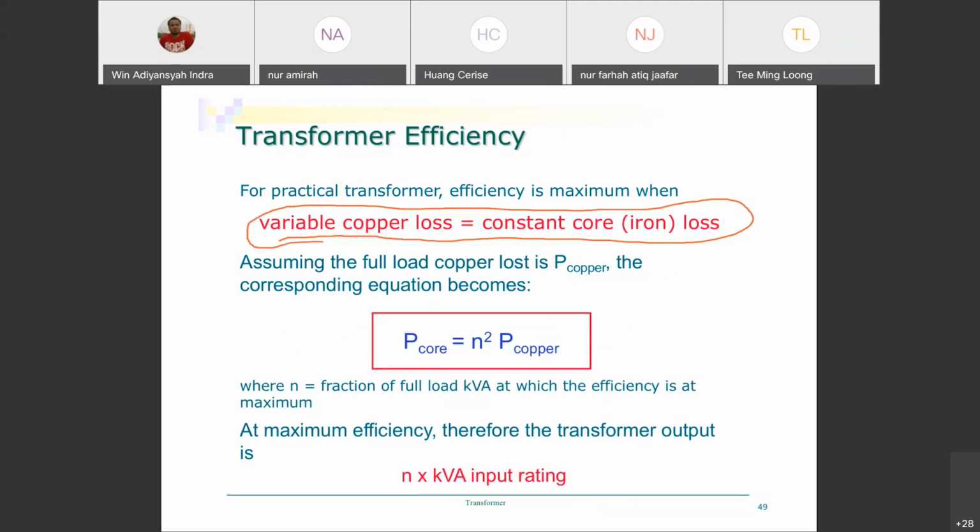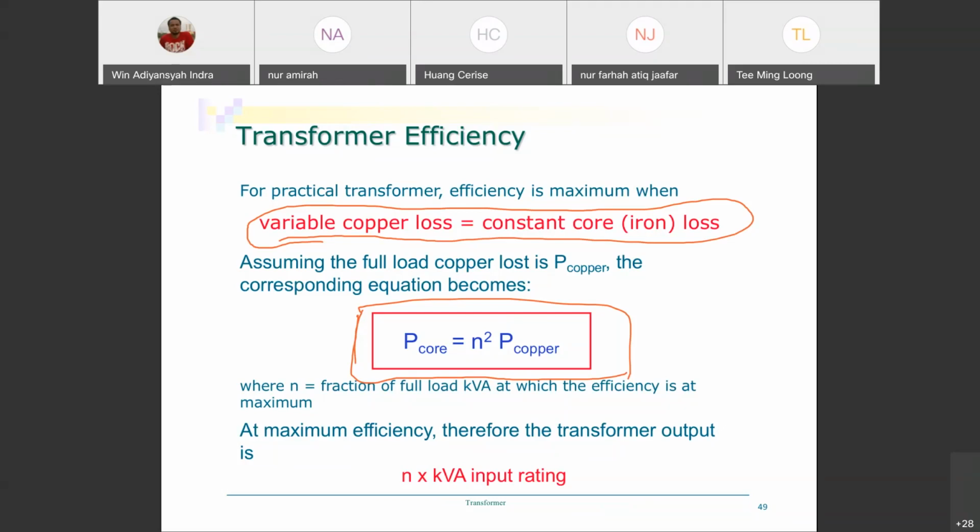Or in mathematical equation, this is the condition of maximum efficiency: power loss of core equals n square P copper. n is a fraction of full load.